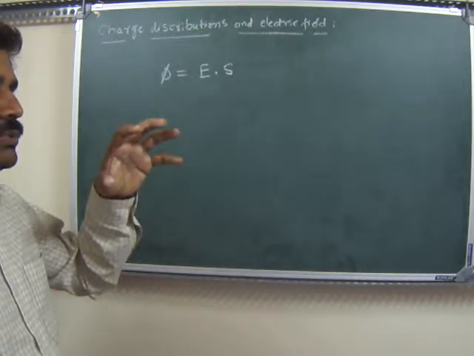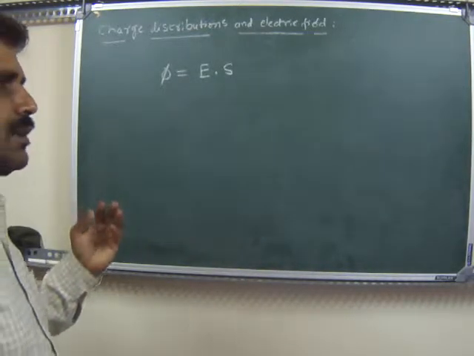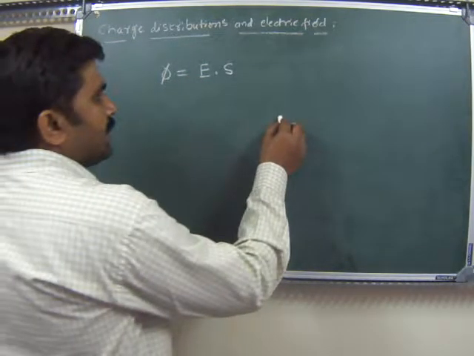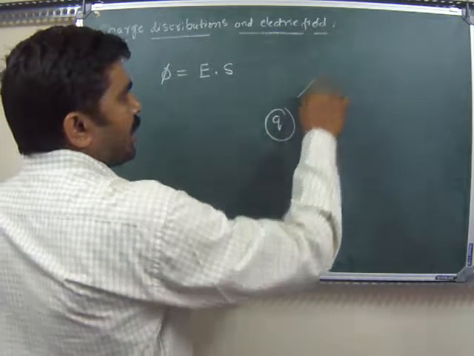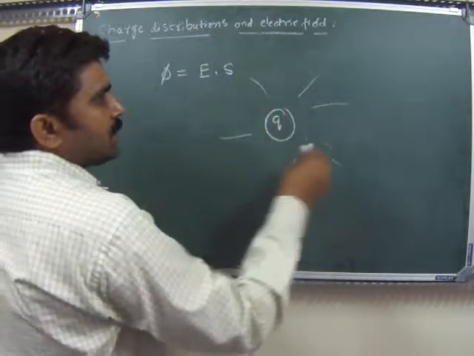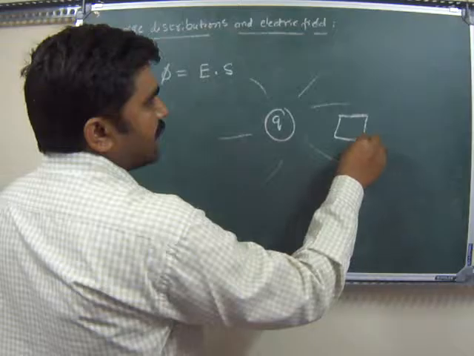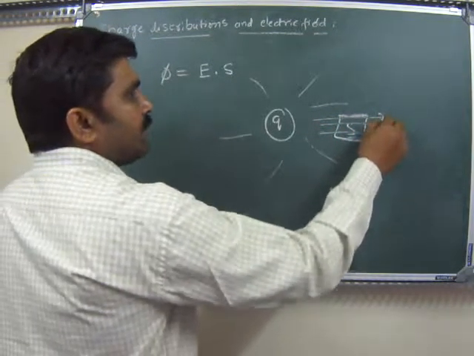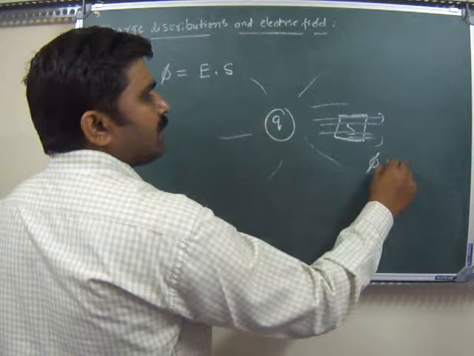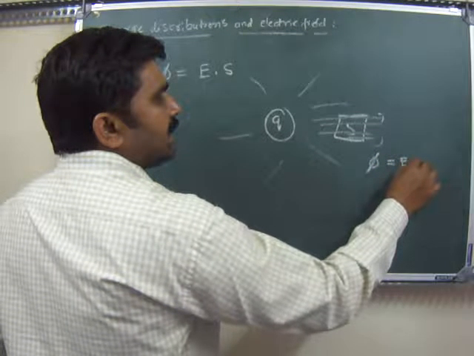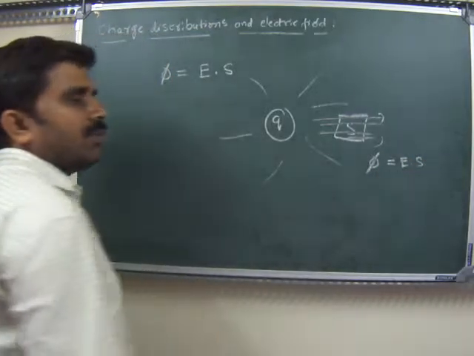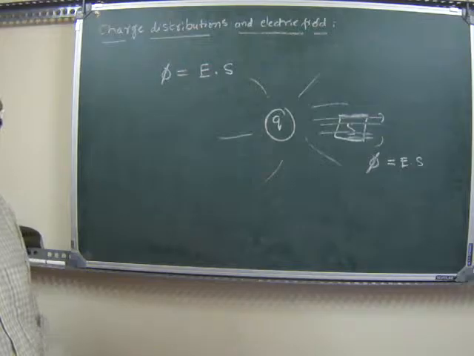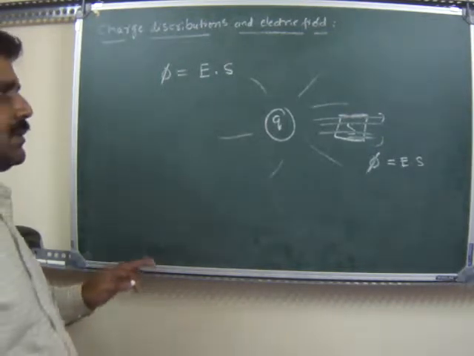Through that area, how much flux will flow is defined by the field. For example, here you have a charge, around it the field exists. You are considering a unit area here, so some flux will flow through it. That flux phi is equal to the field E into the area that you have considered for that flux calculation. This we already know from the previous concepts.